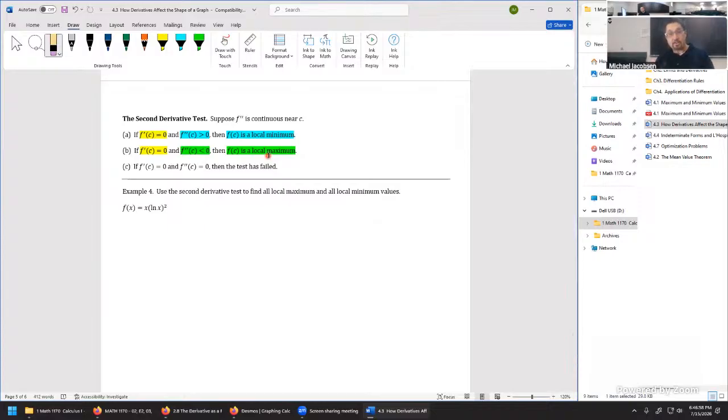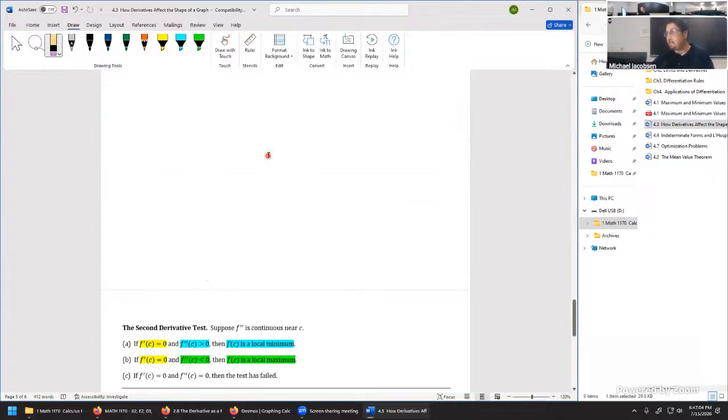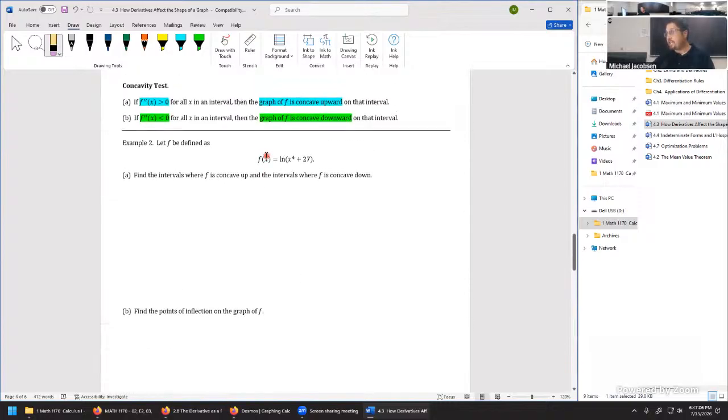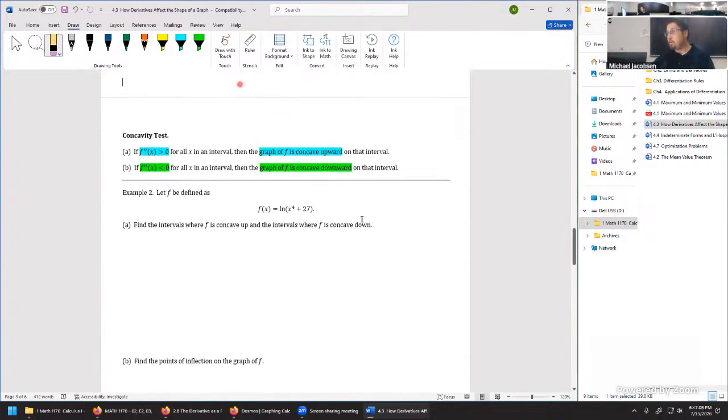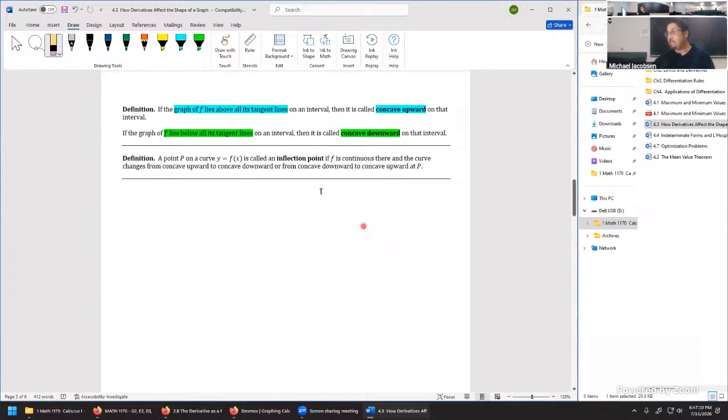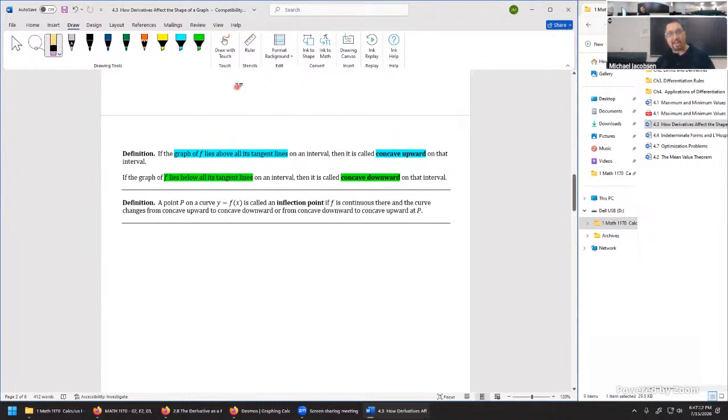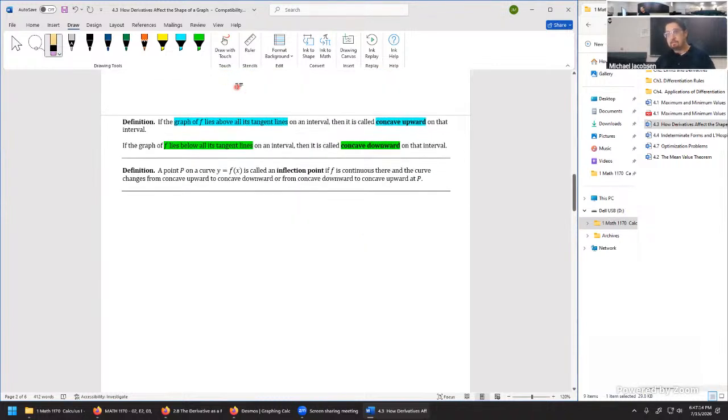The best way to make heads or tails of both of those at once is looking into issues of concavity. So that's the next thing we're going to take a look into, the so-called concavity test. But before we do a concavity test, we have to talk about what we mean by concavity in the very first place.